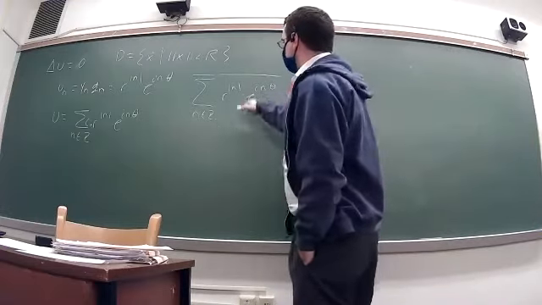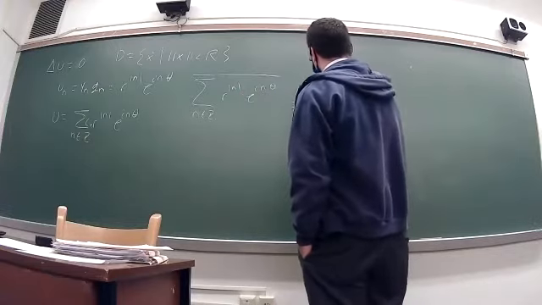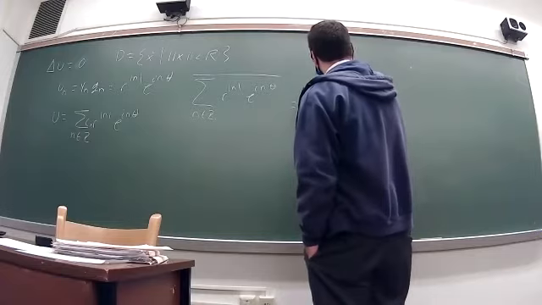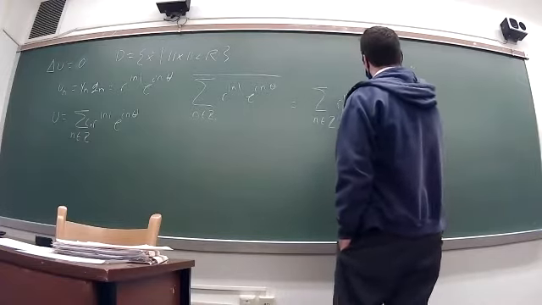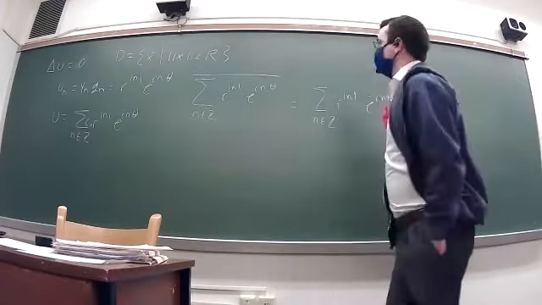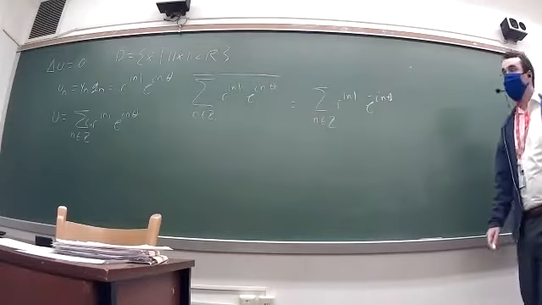So for this absolutely convergent series, it'll be true that this is r to the n times e to the minus in theta. In other words, I bring the conjugation to the inside, then bring out the real number, and I'm just left with e to the minus in theta.